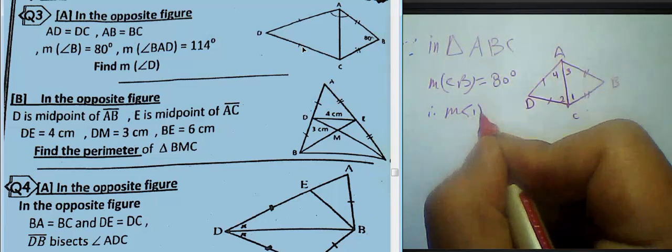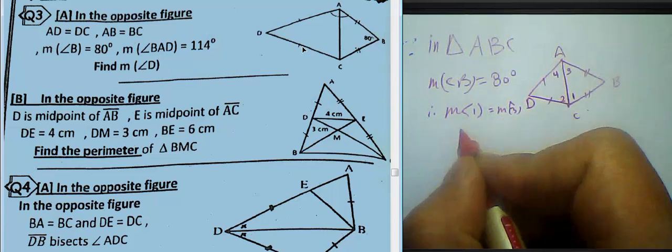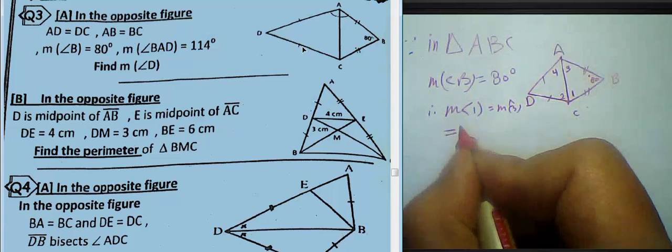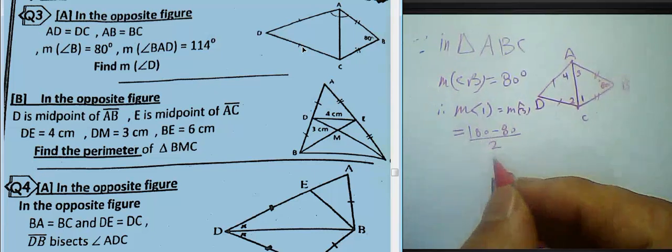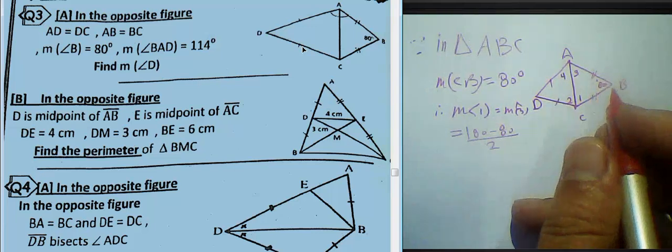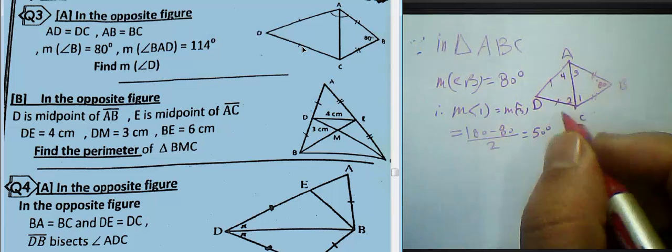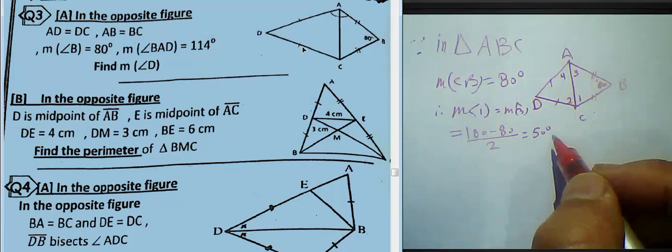Then the measure of angle 1 equals the measure of angle 3, and we have 80 degrees here. It equals 180 subtract 80, divided by 2. 180 subtract 80 equals 100. 100 divided by 2 equals 50 degrees. Then the measure of angle 1 equals the measure of angle 3 equals 50 degrees.